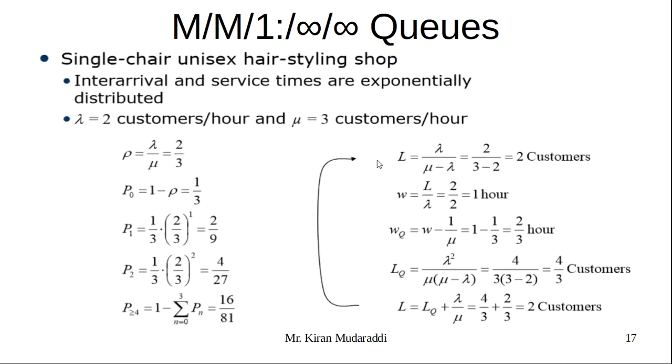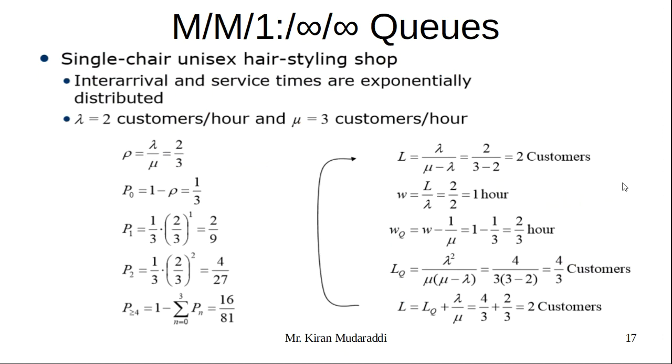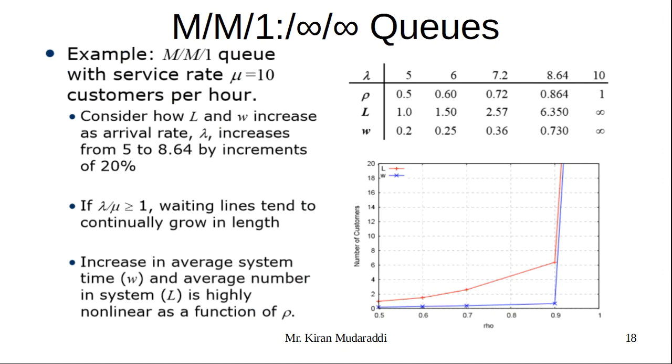The same formulas are substituted to calculate steady state parameters. Lambda is 2, mu is 3, 3 minus 2. Similarly, we are applying all the formulas to get the answers. Try to solve it using a calculator and compare it with the problem.